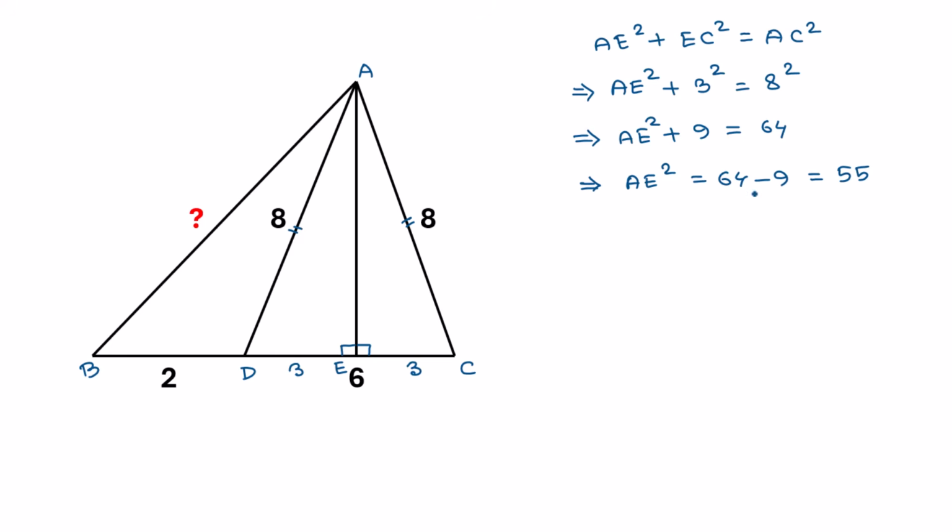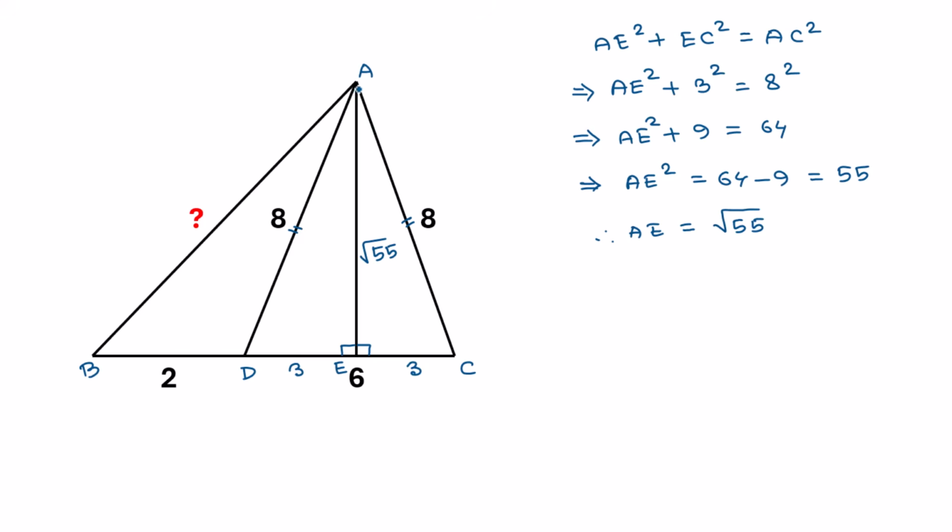Now taking a square root to both sides, we will get the value of AE. So this AE is equal to square root of 55. So this length, this is square root of 55.